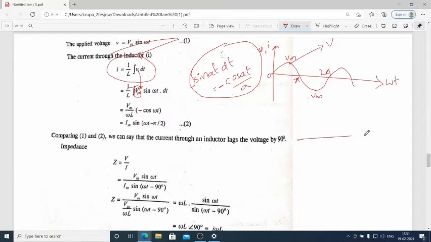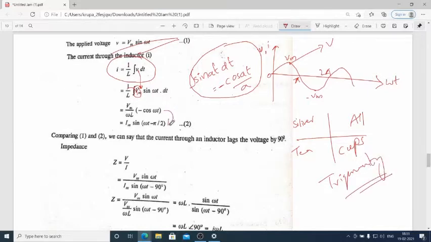We all know the concept in trigonometry. Please go through once how I wrote this equation: sin(omega t minus pi by 2).